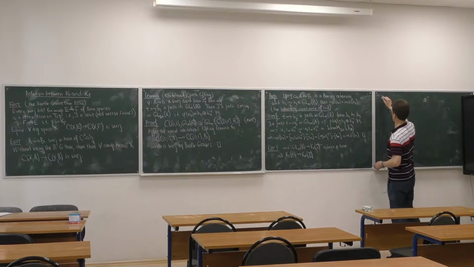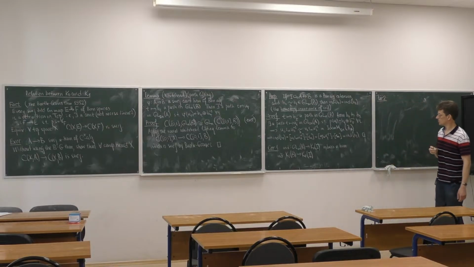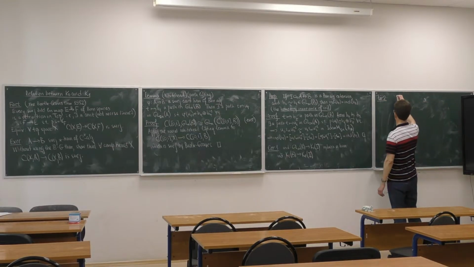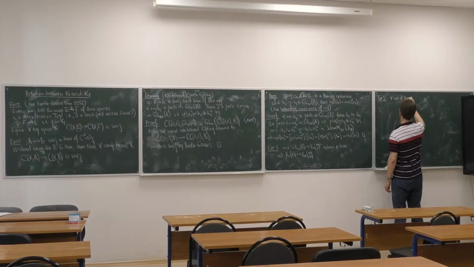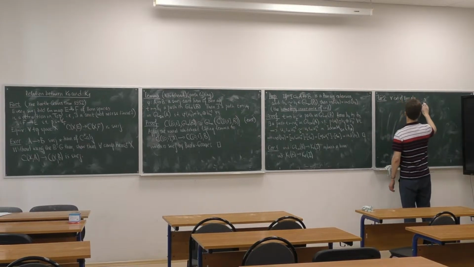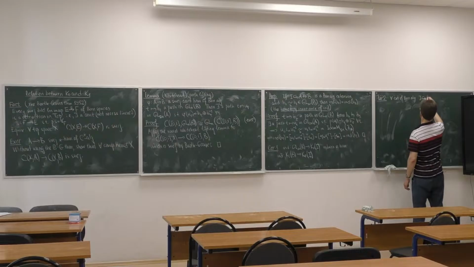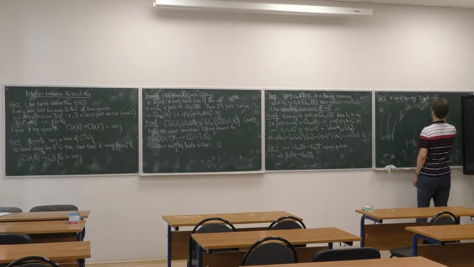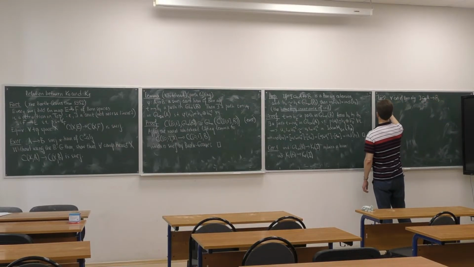And combining this with our exact sequence, which was proved in the first half of the lecture, we get corollary 2, which states that for every extension of Banach algebras I, A, and B, the following sequence is exact.